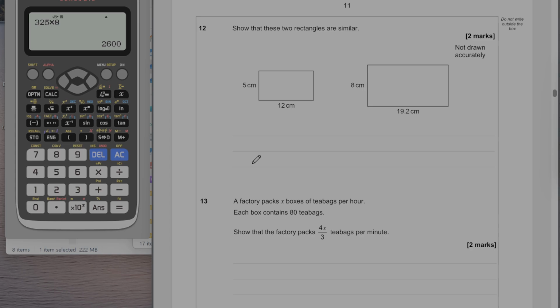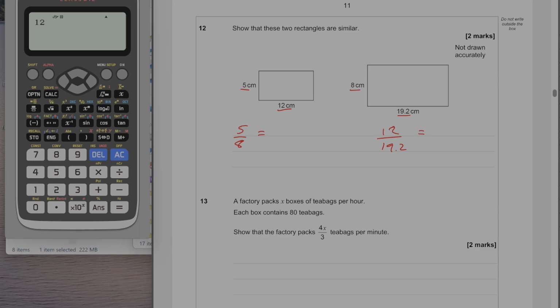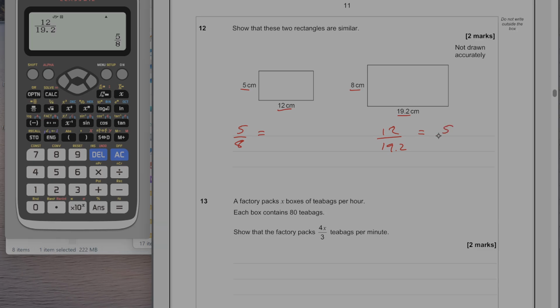Okay, question 12. Show these two rectangles are similar. To do that, if I look at the common sides, 5 over 8, and then 12 over 19.2. This one is obviously in its simplest form already. So 12 over 19.2 is equal to 5 over 8.